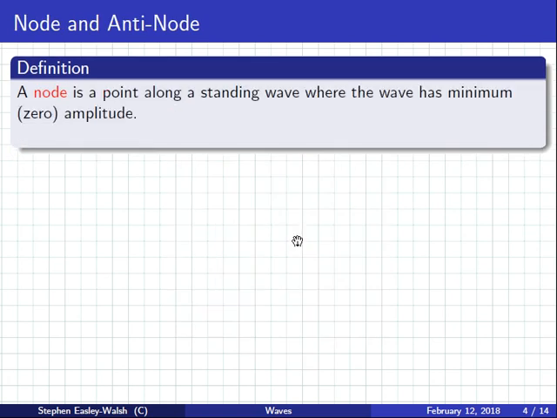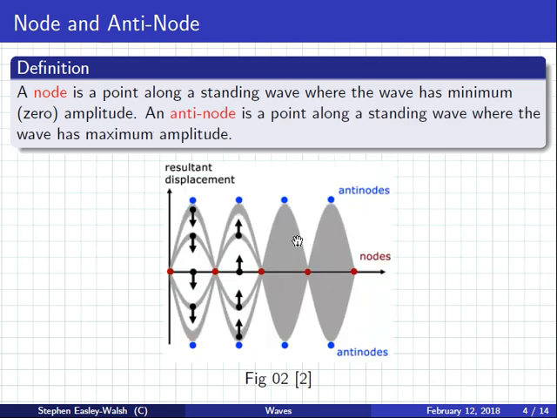The opposite is called an antinode, and this point has the maximum. So here's a picture I'd like you to draw with the definition, please.